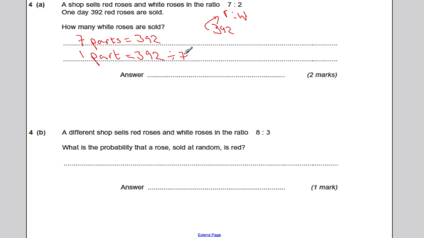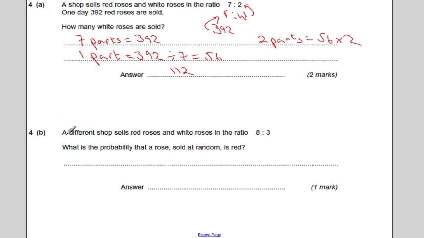And when we do that on a calculator, 392 divided by 7 is 56. That means the 2 parts, which represents the white roses, is going to be 56 times 2, which is 112.